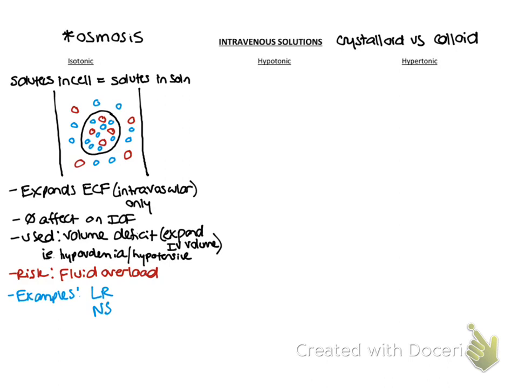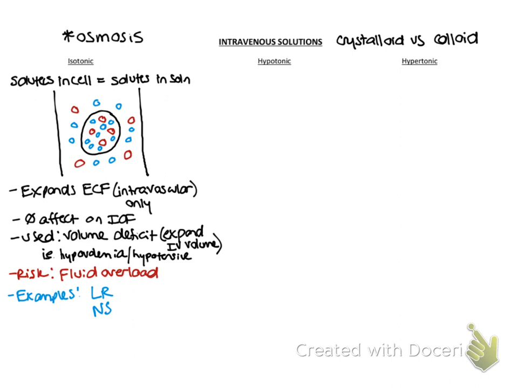Are you sure it wasn't D5 normal saline? D5W contains no sodium chloride. Now there is D5 normal saline or D5 half that contains it, but I can't speak to that.